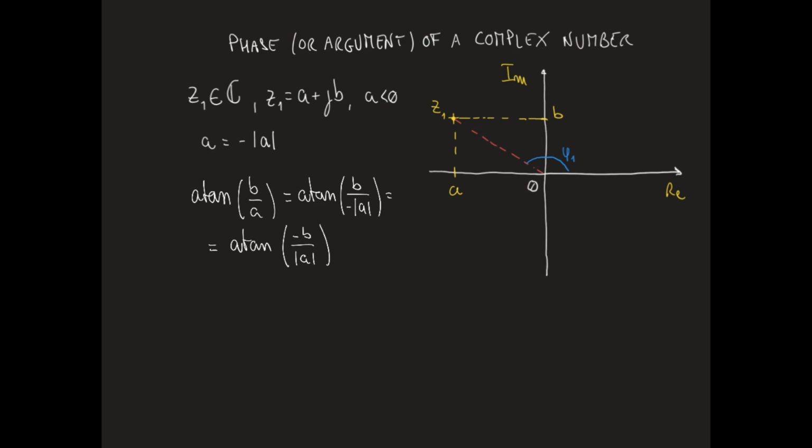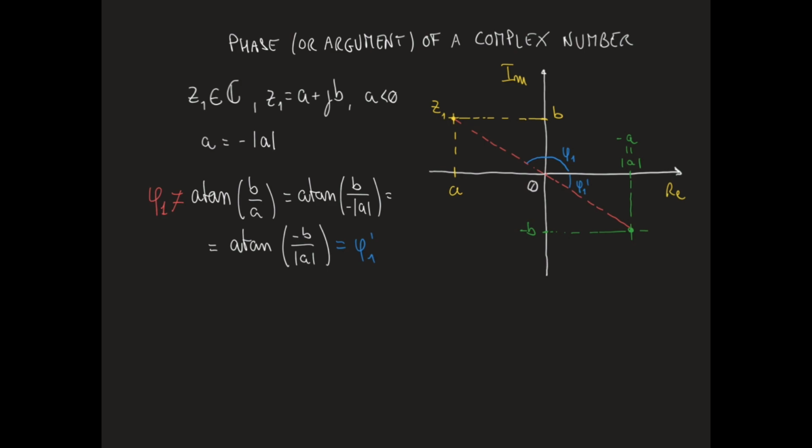This, of course, is different from phi 1, but is equal to the phase of a complex number with real part the absolute value of a, which is equal to minus a, and imaginary part minus b. This phase is phi 1 prime.